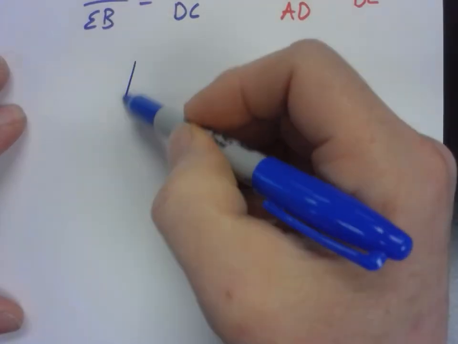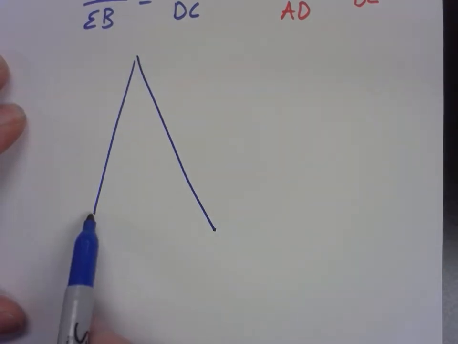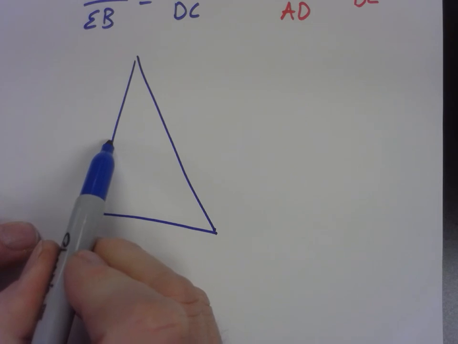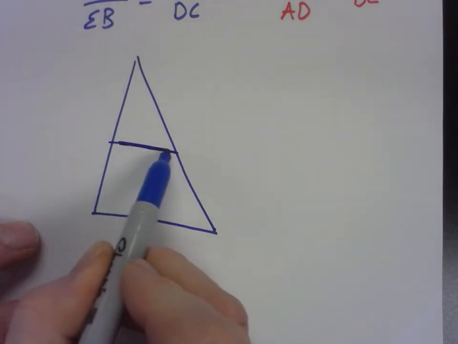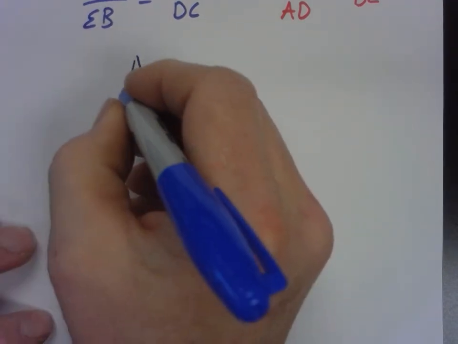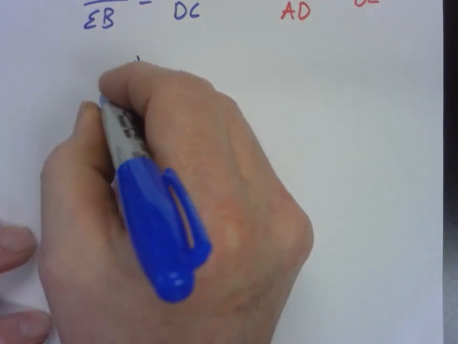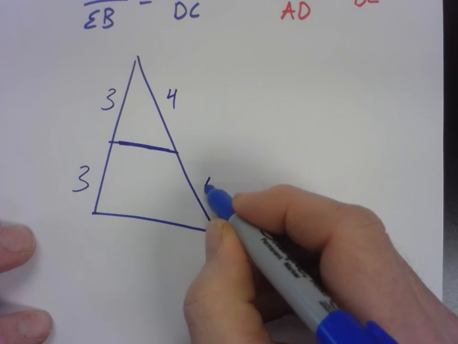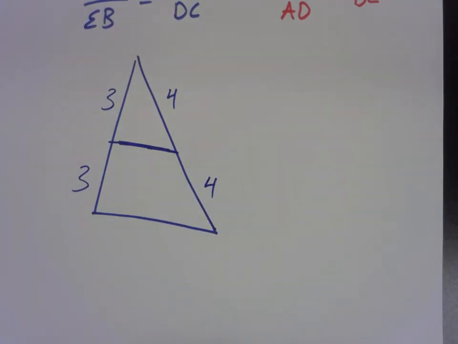So I've got this triangle. I have it centered up there. Okay. And I draw a line through it like this. And this one's 3. This one's 3. This one's 4. This one's 4. Are the sides proportional? Yeah, they're proportional, aren't they?